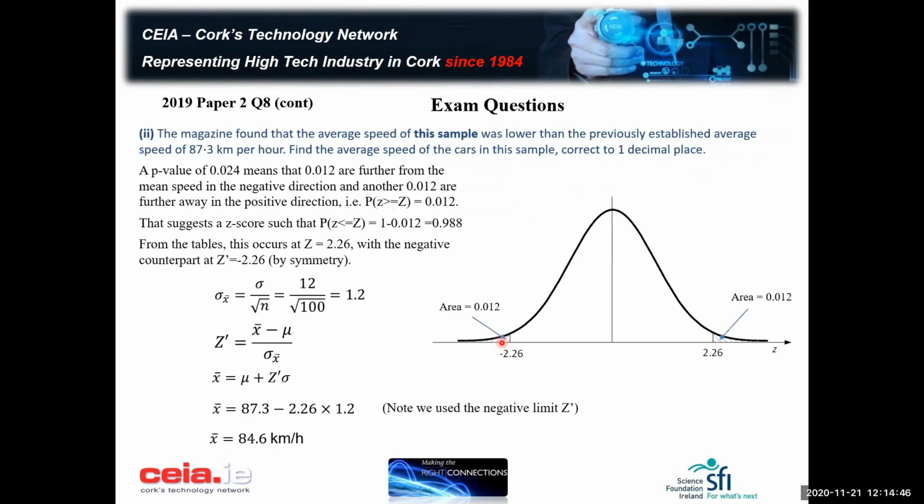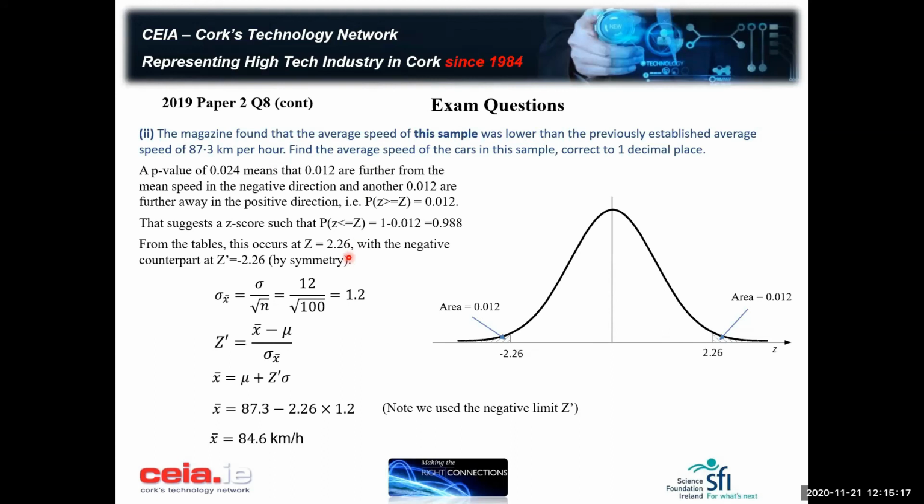Following up on that, though, they ask you to find out what average speed would have given you this p-value of 0.024. And actually, there are two values that could have done it, but they help you by telling you that it's lower. So it's a lower value that you should choose.